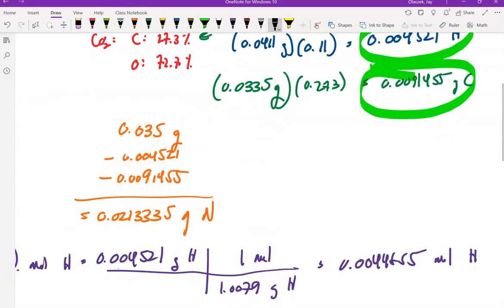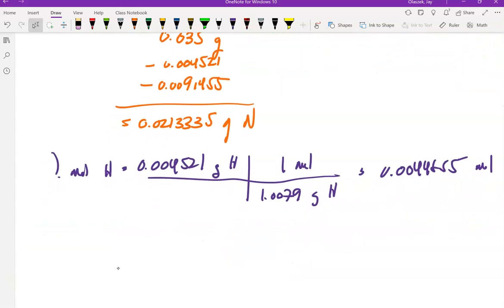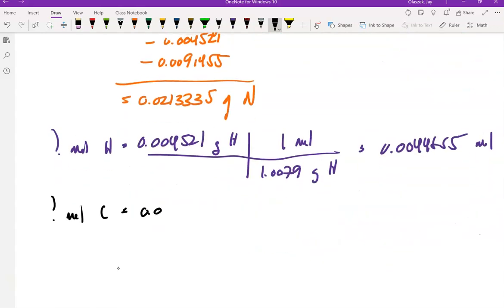Do the same thing with carbon. We had 0.0091455 grams of carbon. How many moles of carbon is that?